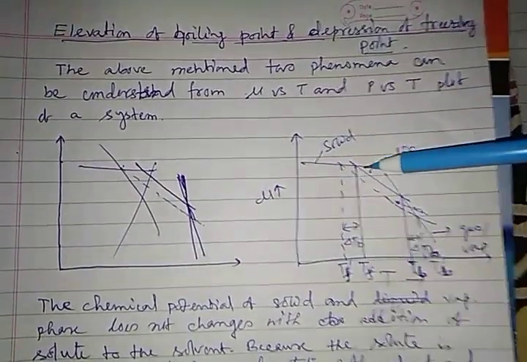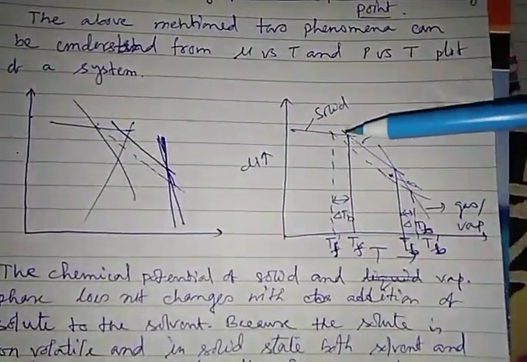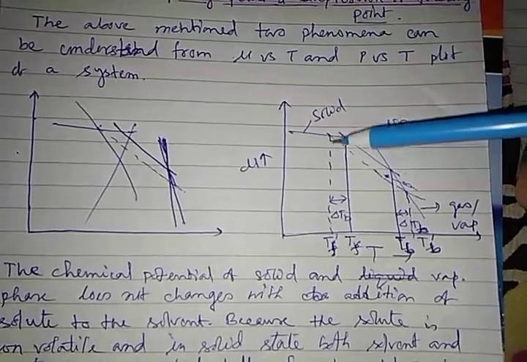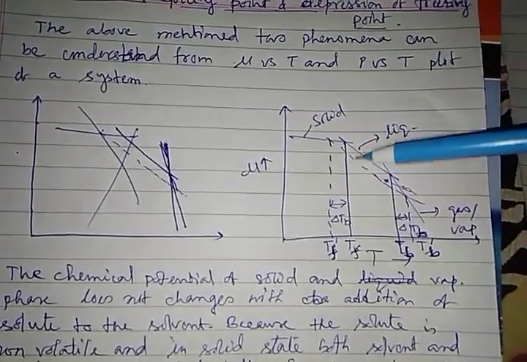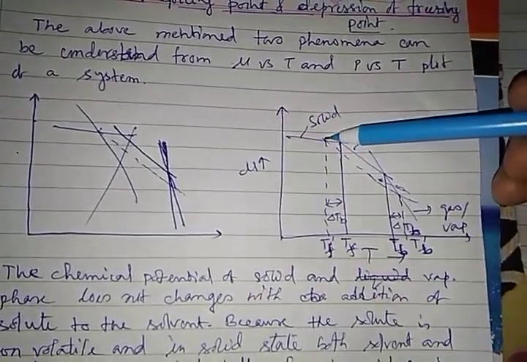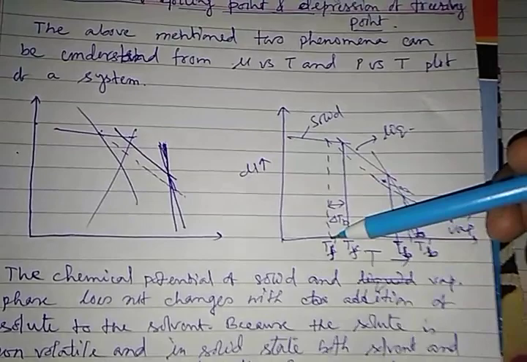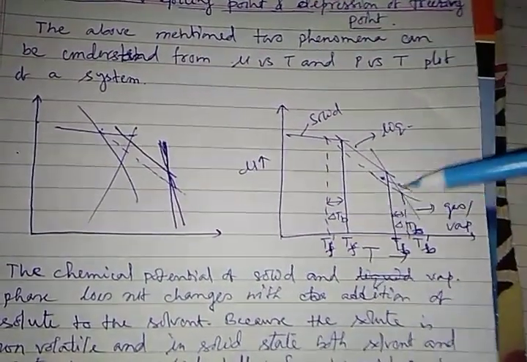Similarly, when I have added the solute, my mu value decreases and this is shifted to a lower mu value, and the new touching point is here. So the corresponding temperature for freezing decreases as compared to the pure solvent.